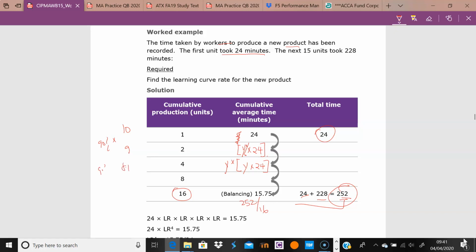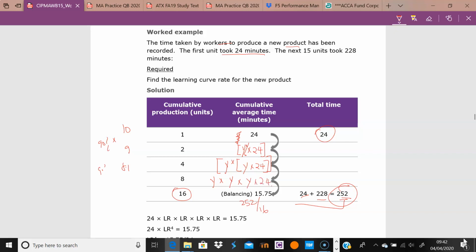Exactly the same thing here. So this percentage times 24. Y times, well, this whole thing, which is Y times 24. That's what's happening at 8.